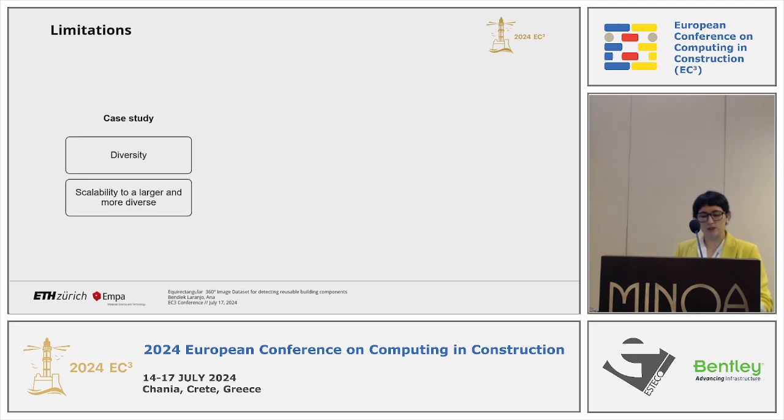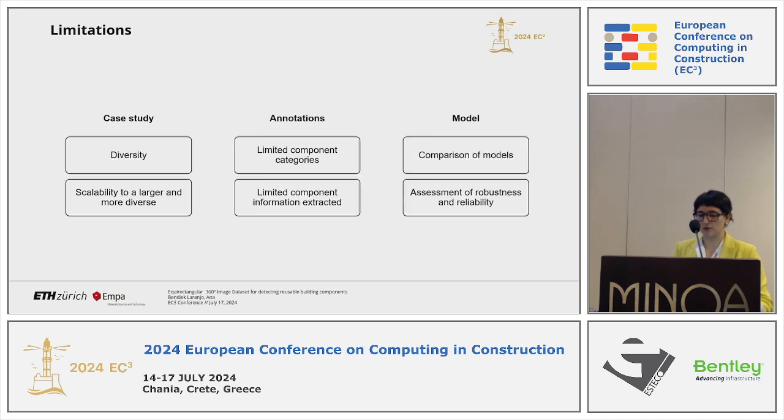We group them into three categories, so regarding the case study, the annotations, and the model. Regarding the case study, future work needs to address the diversity of the data set. We need to prove the scalability of the approach to larger and more diverse data sets. In the annotation process, we have limitations because of the limited amount of component categories, and also it was quite time-consuming, so it might be worth considering broadening these categories and then using clustering algorithms to further differentiate.